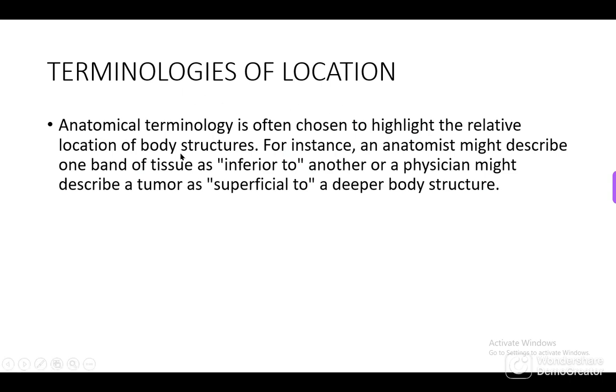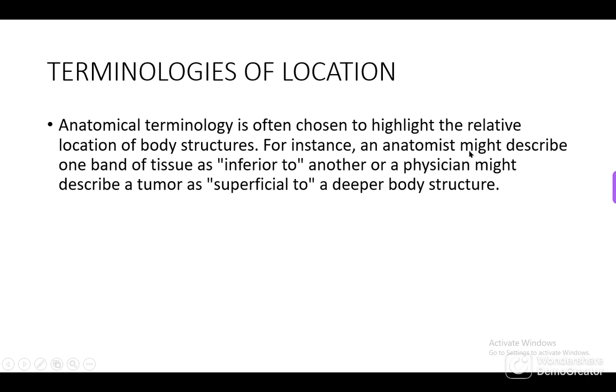Terminologies of location. Because you have to explain something, the location should be there to explain it. Anatomical terminology is often chosen to highlight the relative location of body structures.